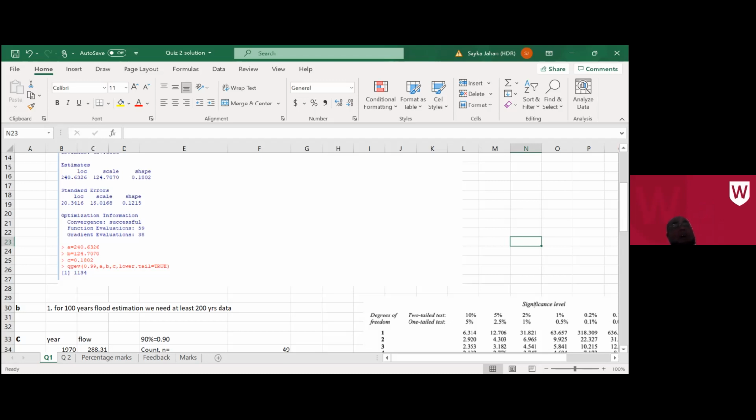Number 3, you can mention that we are assuming the data is stationary. It means there is no trend in the data, so our parameters are fixed and not changing with time. That is not the case nowadays. So basically, we have to do non-stationary flood frequency analysis, or we have to consider the trend in the data or the impact of climate change. So that is another estimation error there.